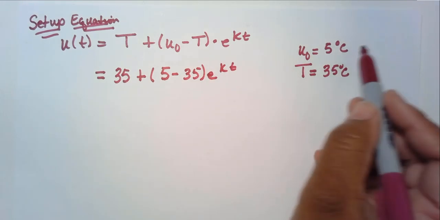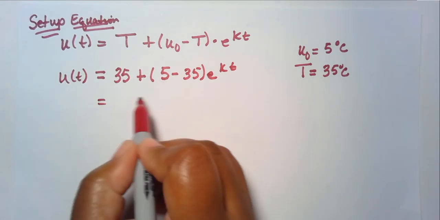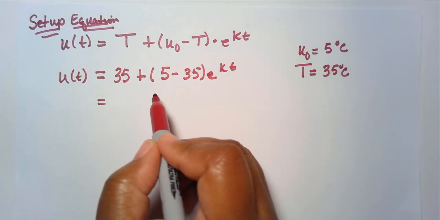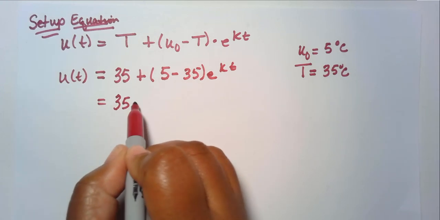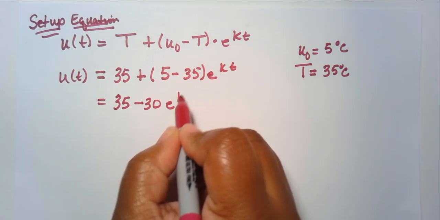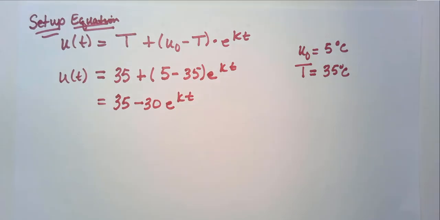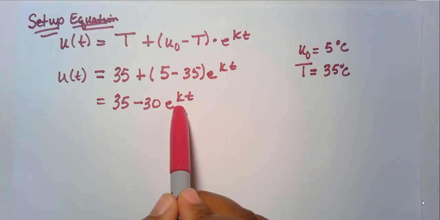Keep in mind that is degrees Celsius. Subtracting 5 and 35 gives negative 30, so we have 35 minus 30 times e to the kt. We need to finish setting up the equation by finding k.